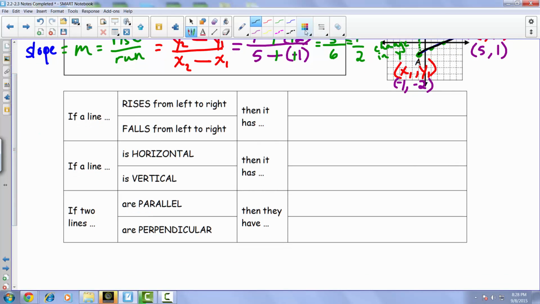Now, if we are looking at a line that is rising from left to right, we should see something that does this, and as a result it has a positive slope. Alternatively, if you're falling from left to right, you would see a graph doing something like this. As you can tell, it's going downwards, so that should have a negative slope.